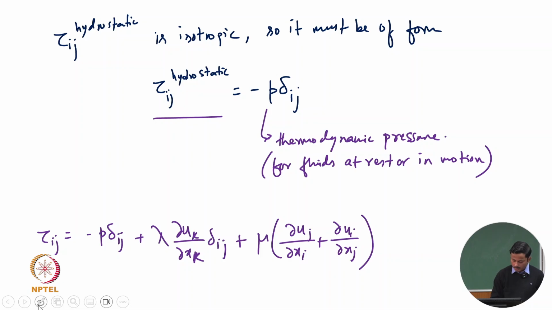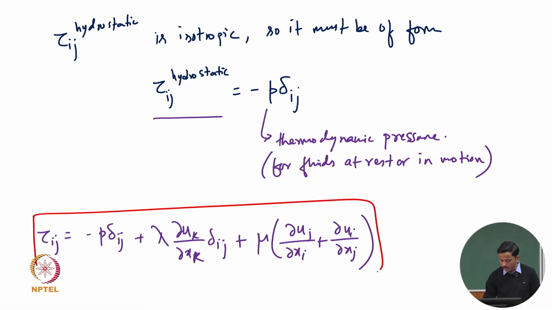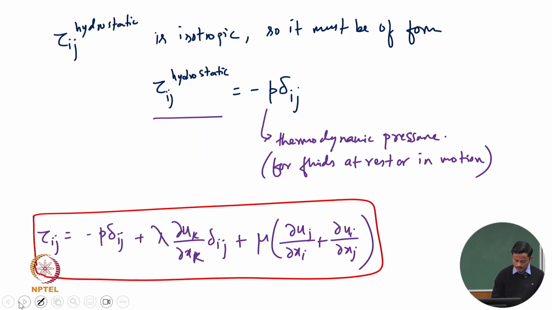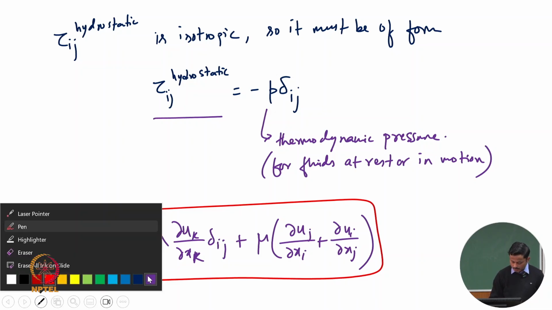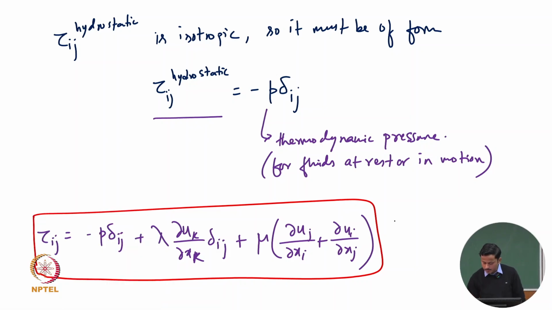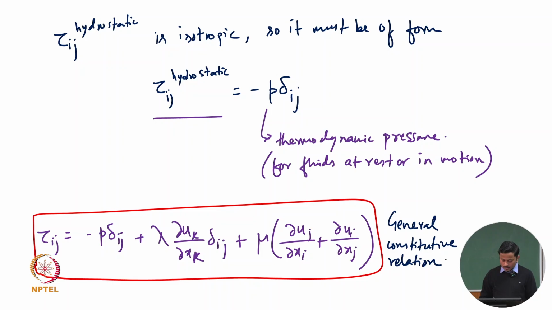This is where we have used the fact that tau ij can be decomposed into the hydrostatic and the deviatoric parts, and this is the general constitutive relation. So this is the general constitutive relation of a homogeneous isotropic Newtonian fluid.